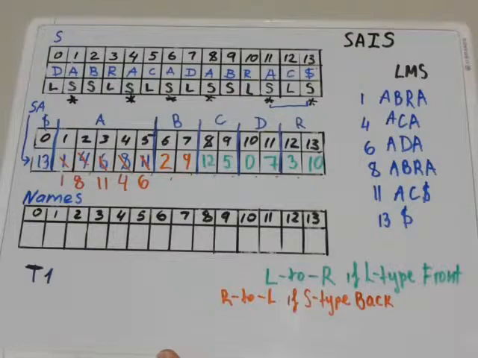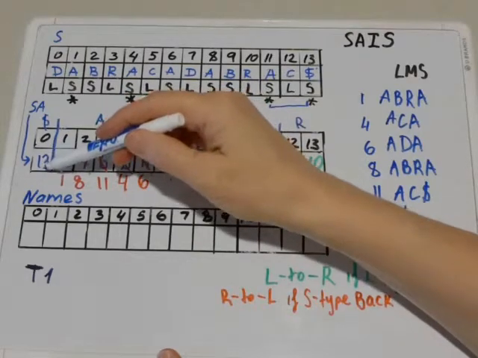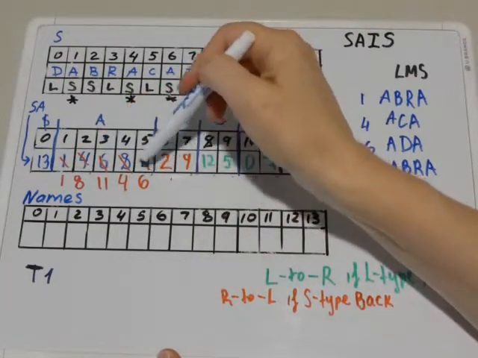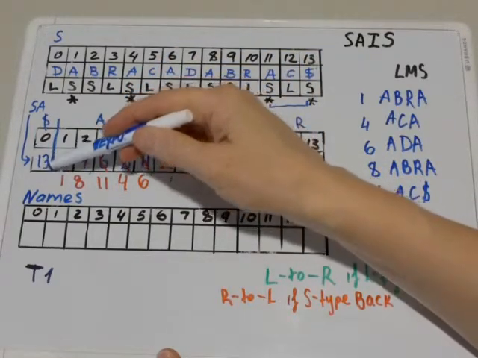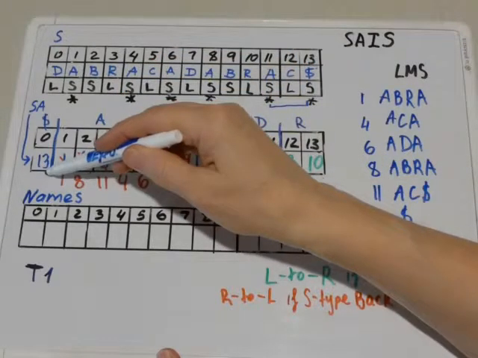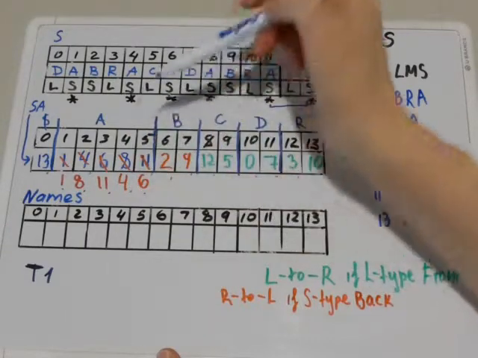So how do we name LMS substrings? We're only going to name LMS substrings in the order they appear in the suffix array. Right now you're only paying attention to the starting positions of LMS substrings. Starting positions of LMS substrings are 13, 1, 8, 11, 4, and 6.